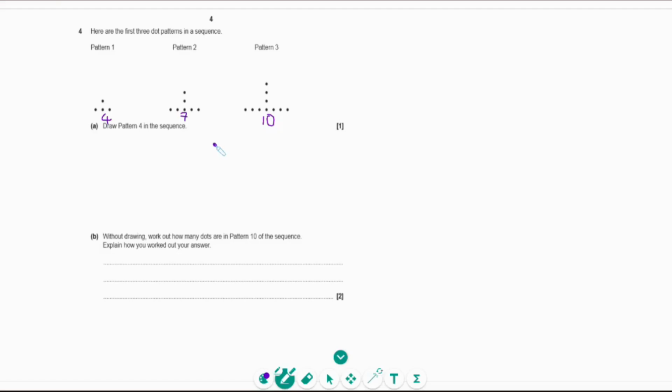If I draw out pattern 3 first, which has a height of 4, and then 3 on each side, for pattern 4, I'm going to just draw a dot on each end. So 1, 2, 3, and I'm adding 3, so there'll be 13 dots. That's pattern 4.